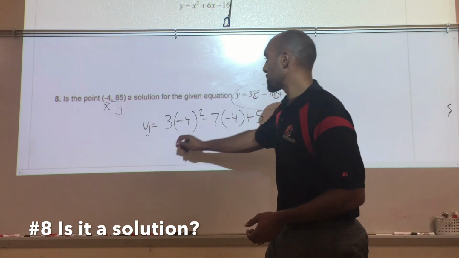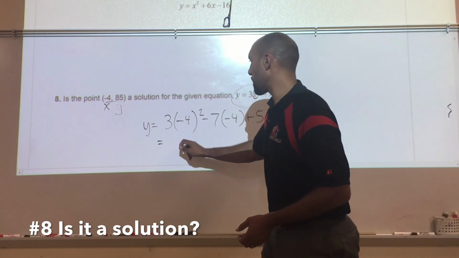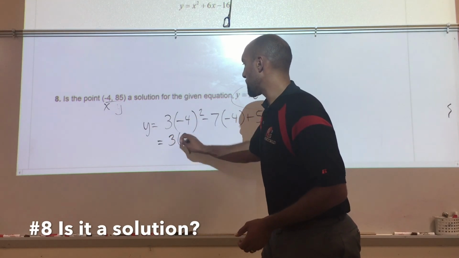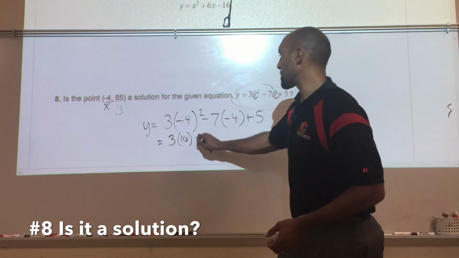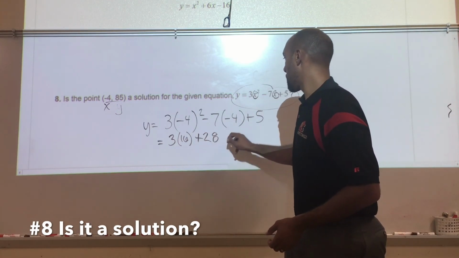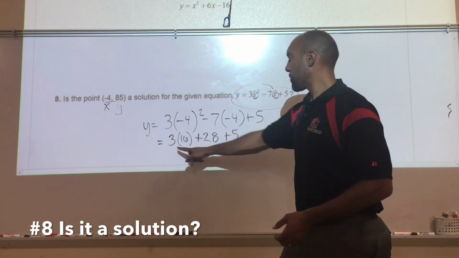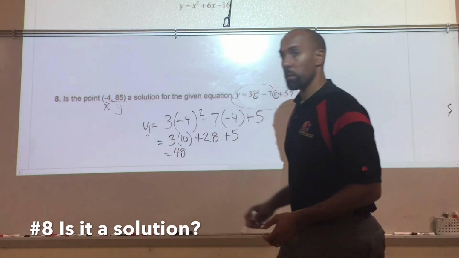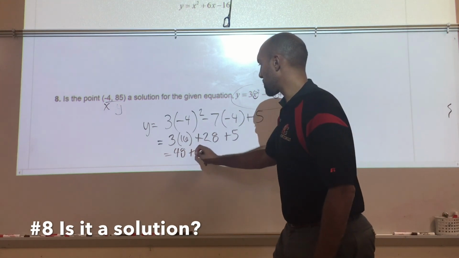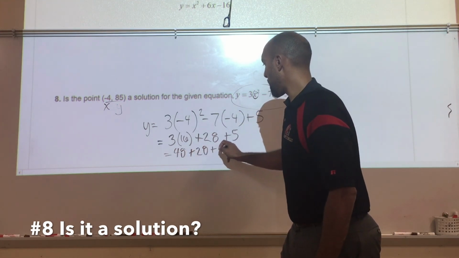So first the exponents, -4 squared, well that's 16. Okay, the -7 times -4 is positive 28, plus 5. Then 3 times 16 is 48. It's getting bigger, it's getting closer to 85, plus 28, plus 5.